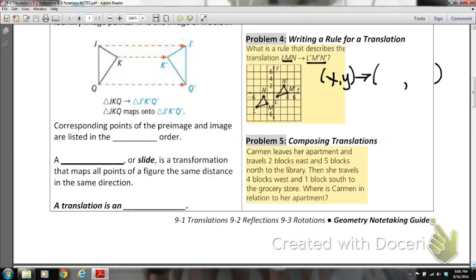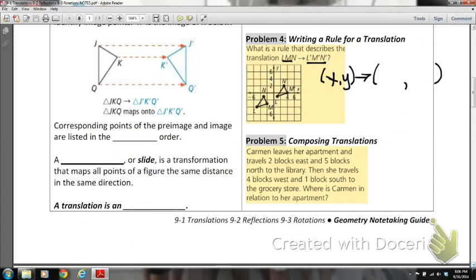So just take two of the points that correlate to each other. So like M, for instance, if I take point M, then let's look at the coordinate for it.